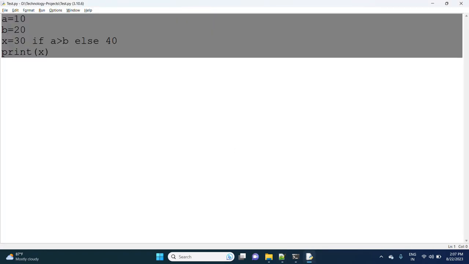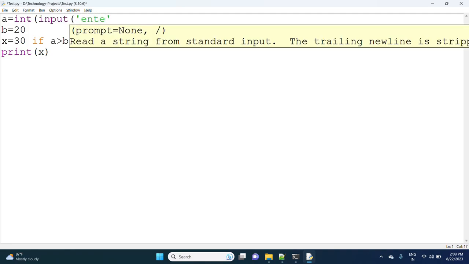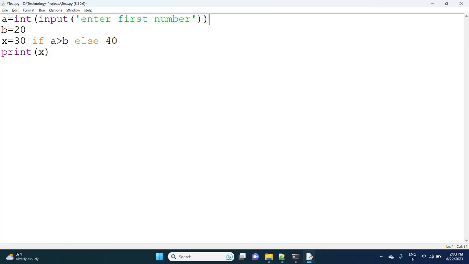I'm reading the inputs and trying to find the minimum value. a equal to int of input of "Enter first number", and the same way b with "Enter second number". x equal to, and what I'm taking here is a if a greater than b, else b.